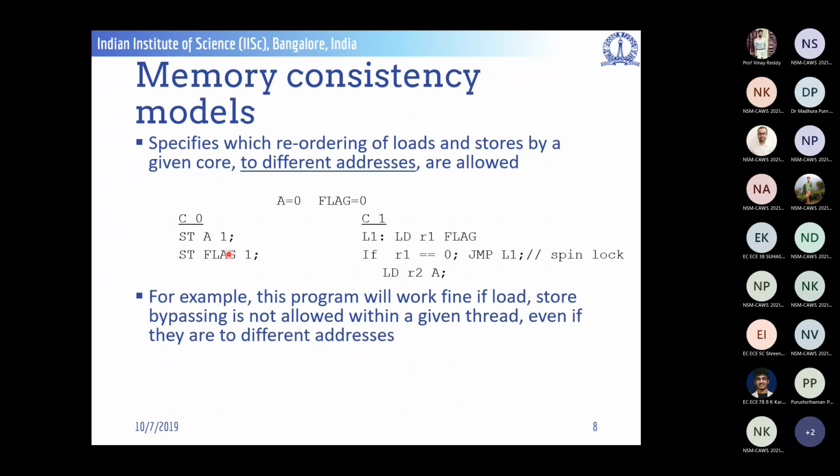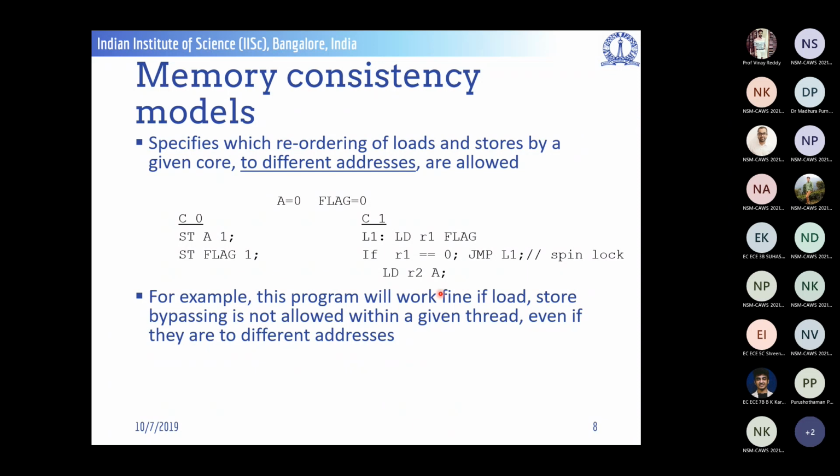Okay, if this condition is violated, for example, if this update to the flag really can become visible to other cores before this update to A1, then this program may not return the desired results. And I say may not because by luck you can still get the right results.